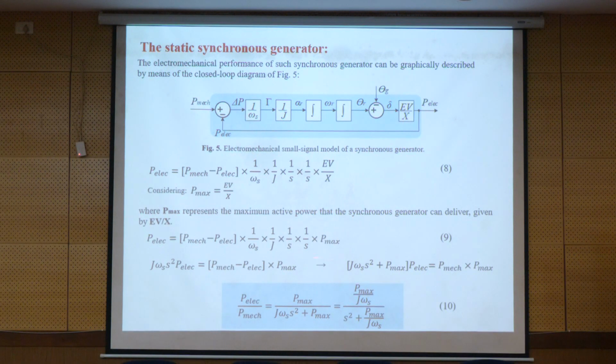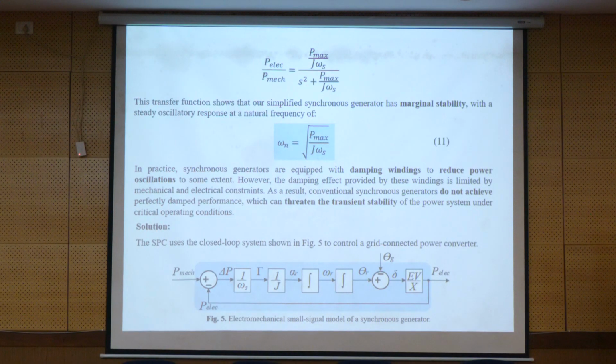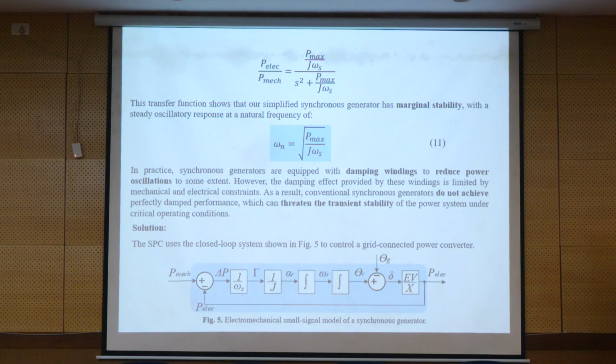So now we have this equation based on the electromechanical small signal model of the synchronous generator, and the ratio of the electric power to the mechanical power is calculated by P max over 2J omega S, over s squared plus P max over 2J omega S. By this assumption, we have marginal stability, where the boundary is the natural frequency.